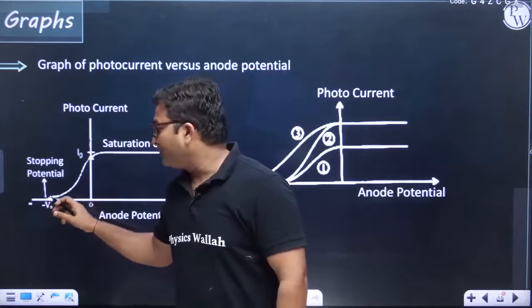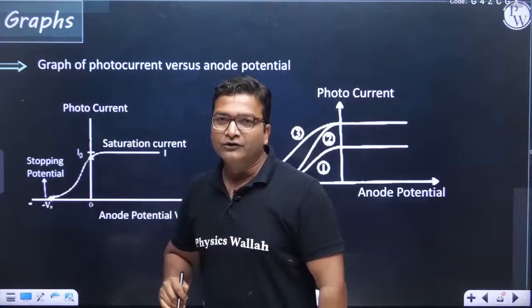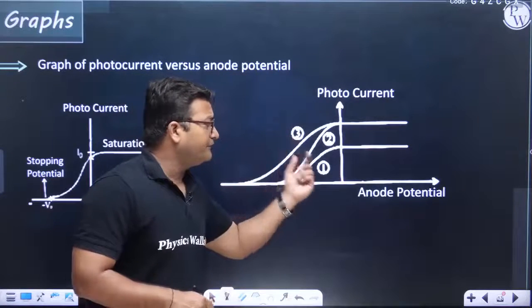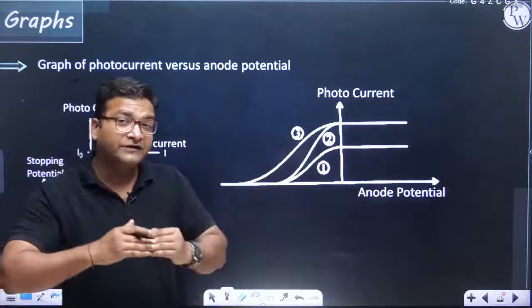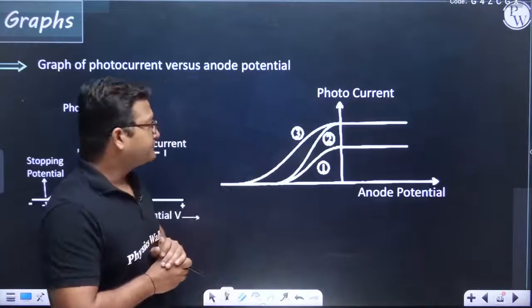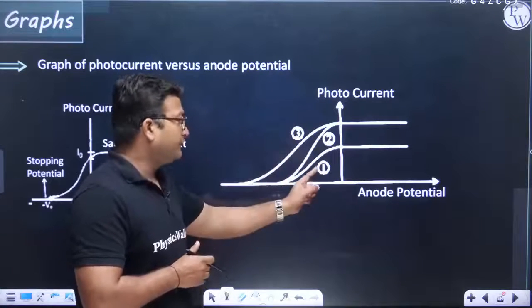So current stops at the stopping potential, and this is the graph of photocurrent versus anode potential. We can compare three graphs of photocurrent versus anode potential and let us understand closely what is the difference between these three graphs. If we compare between 1 and 2.